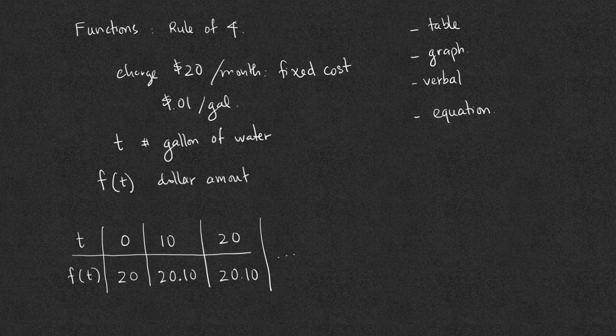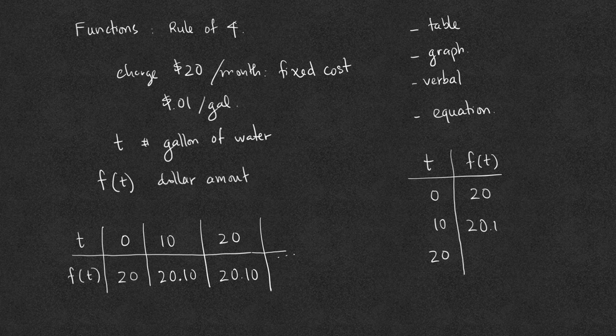In reality, though, most counties would charge a different rate if we go over a certain limit. This is a table that represents this function. In some cases, we will see that the table is set up in 2 columns instead of rows. The independent variable is on the left, and the dependent variable is on the right.